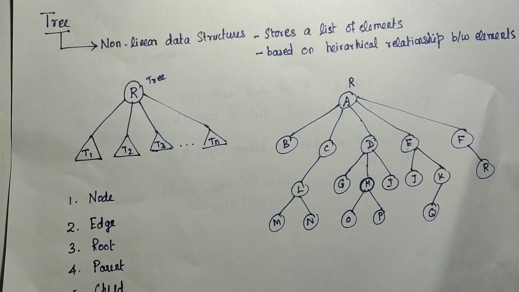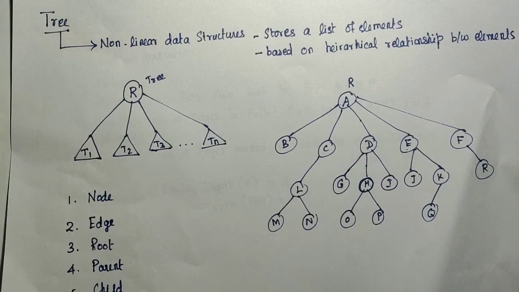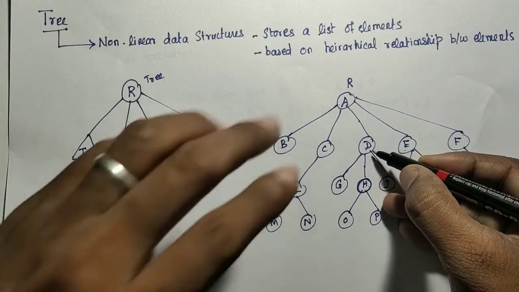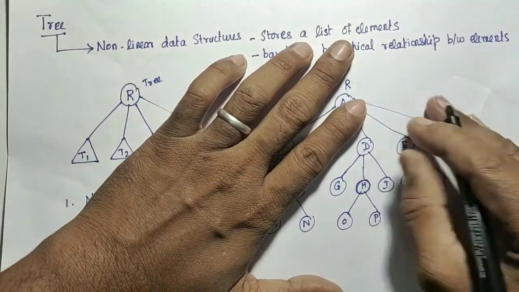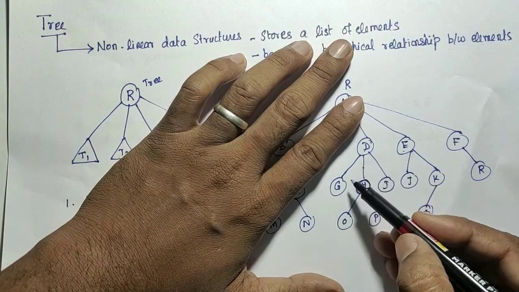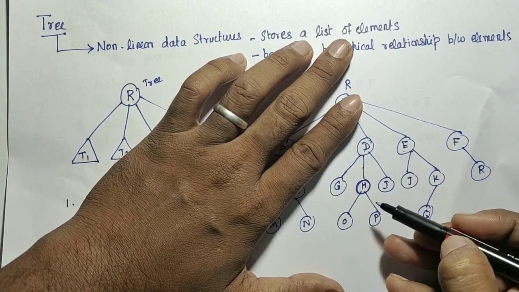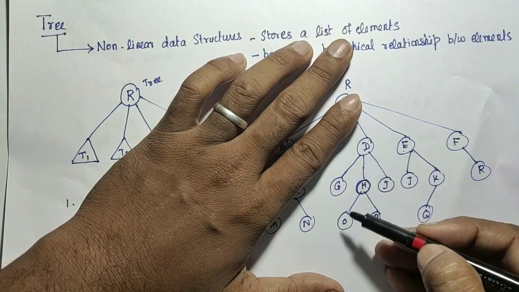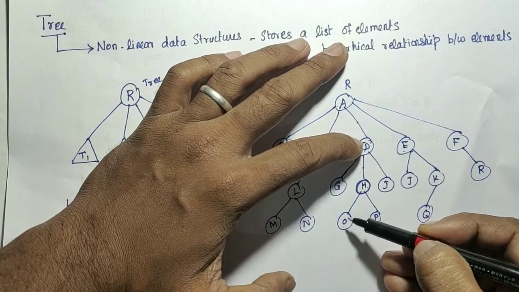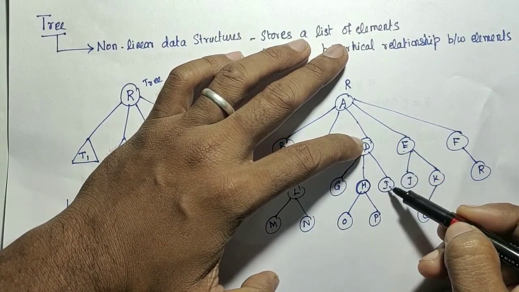Longest what? The path. For example, if you consider D, for the D node, it will be considered as a tree. The leaves available for D are G, O, P and I. So the longest path to reach a leaf: DE is one path, DHO is one path, DHP is one path and DI is one path.